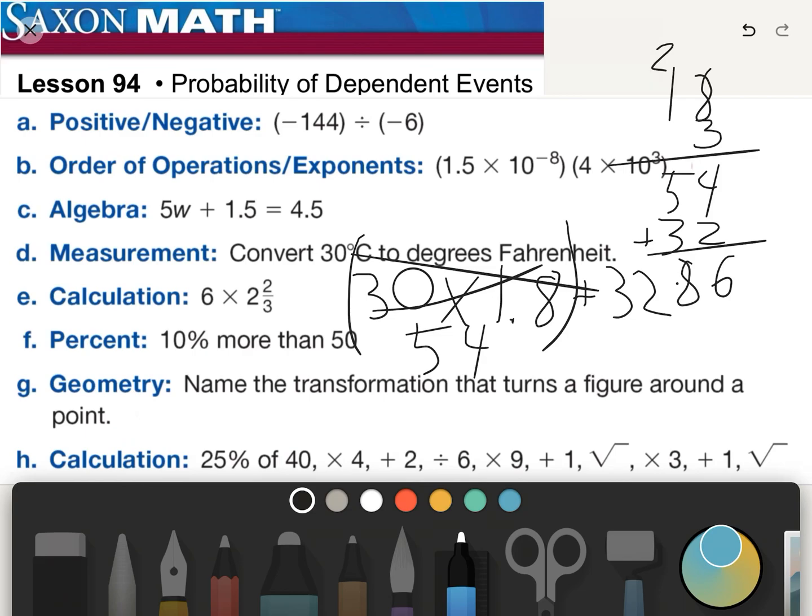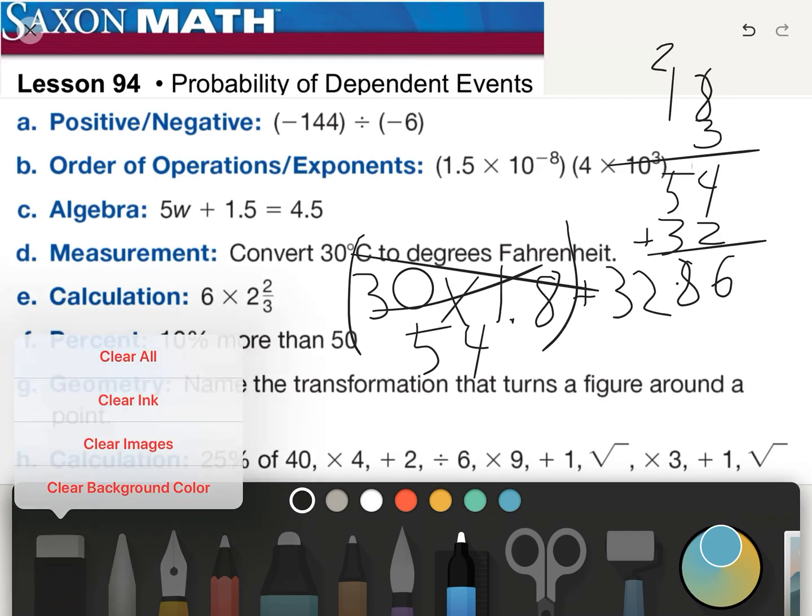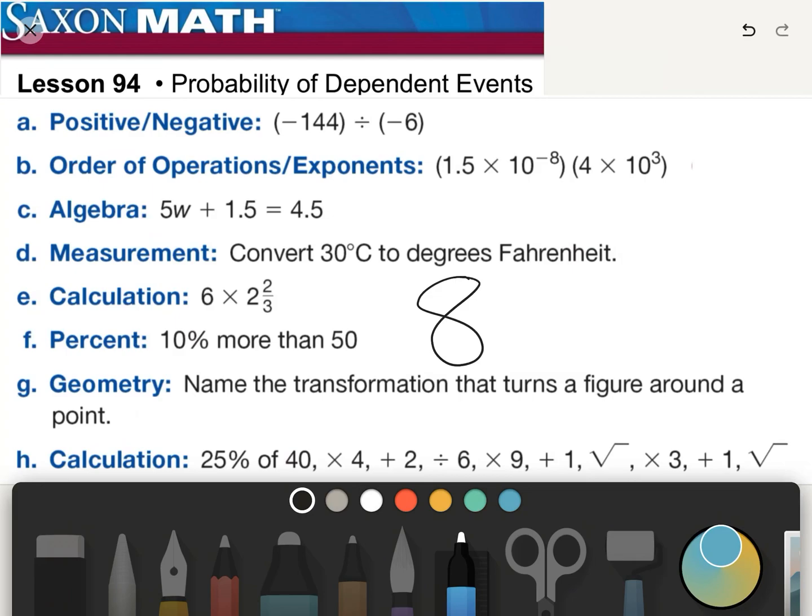Sorry, let me clear all this out of the way. That gets us 86 degrees Fahrenheit.